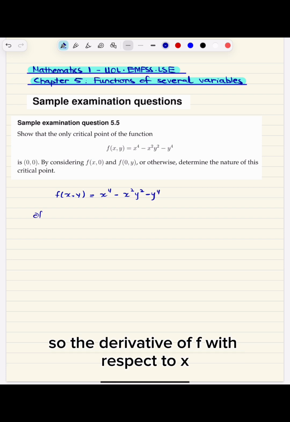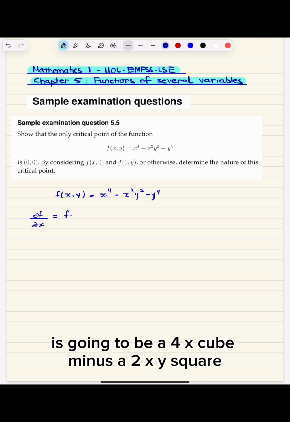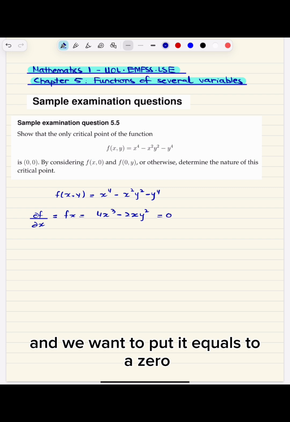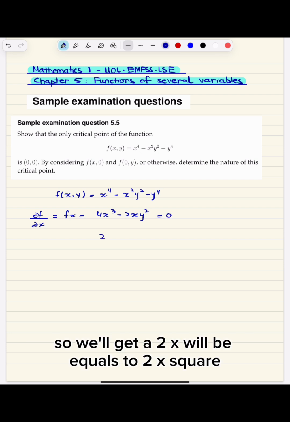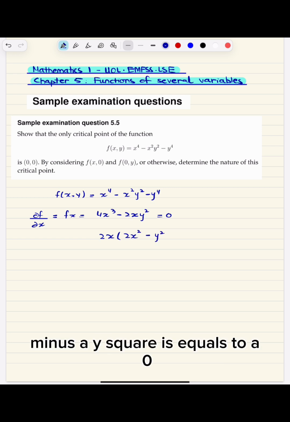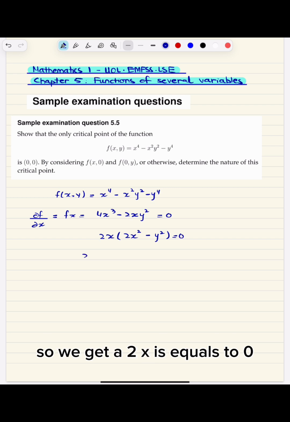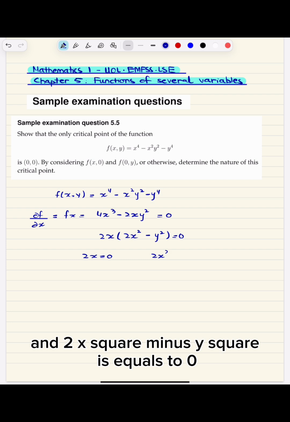So the derivative of f with respect to x is going to be 4x cubed minus 2xy squared, and we want to put it equal to 0. So we'll get 2x times (2x squared minus y squared) equal to 0. So we get 2x equal to 0 and 2x squared minus y squared equal to 0.